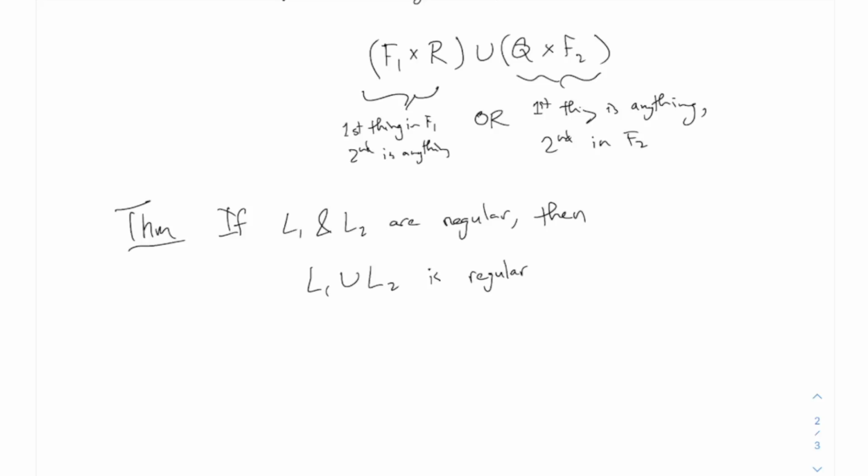All right. Last time we wrote exactly the same thing, but with an intersection. And actually, the time before that, we had a similar thing, but with complements. If L is regular, then the complement of L is also regular. All right? Those are the three basic set theory constructions that you can make.